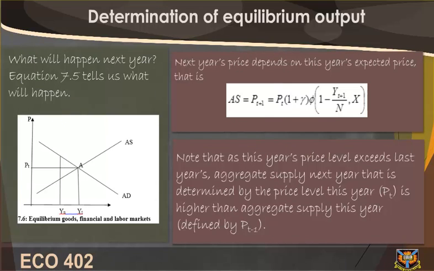What will happen next year? Equation 7.5 tells us what will happen. Next year's price depends on this year's expected price. That is, note that as this year's price level exceeds last year's, aggregate supply next year that is determined by the price level this year PT is higher than aggregate supply this year defined by PT-1 in bracket.